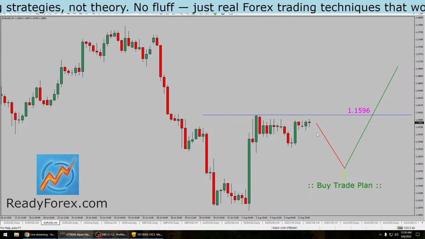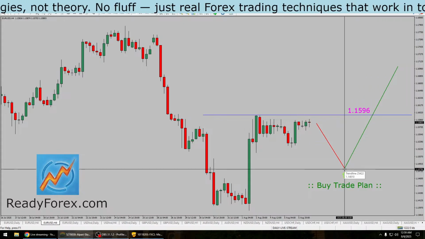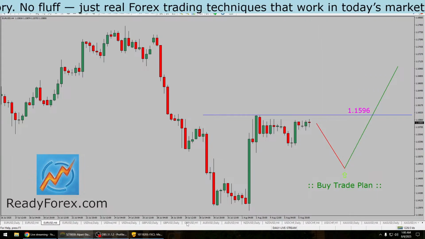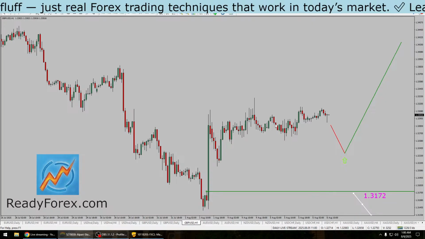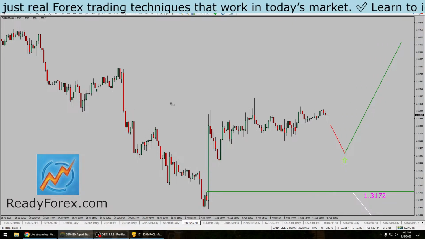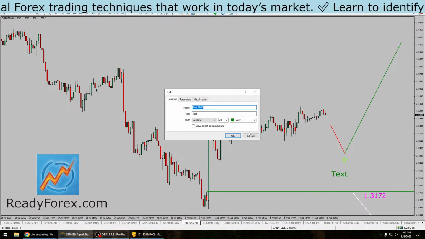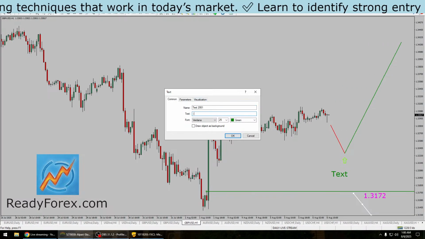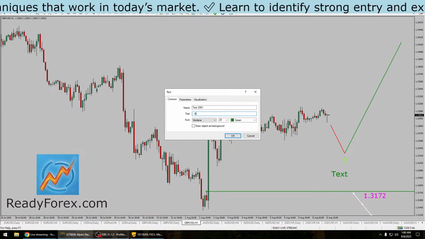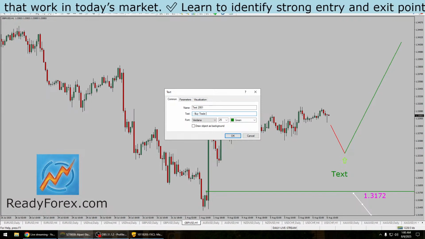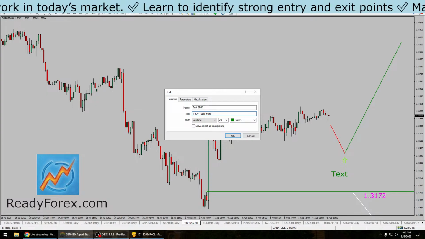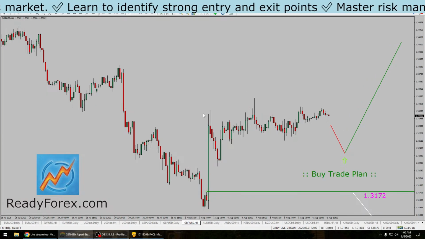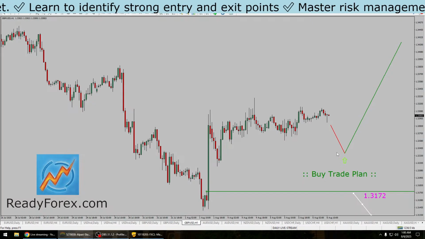Okay, so we have this some sort of a buy trade plan over here, wait for a pullback, and we have the same setup inside GBPUSD currency pair as well. So if I drop over here, I also have a buy trade plan in GBPUSD currency pair.